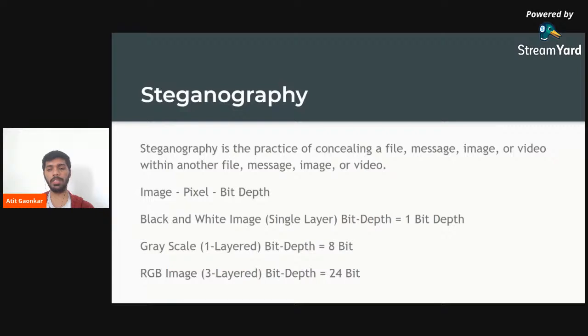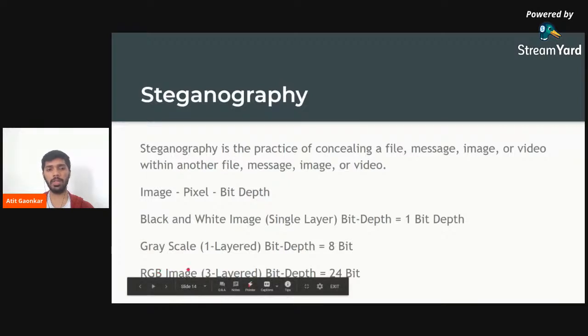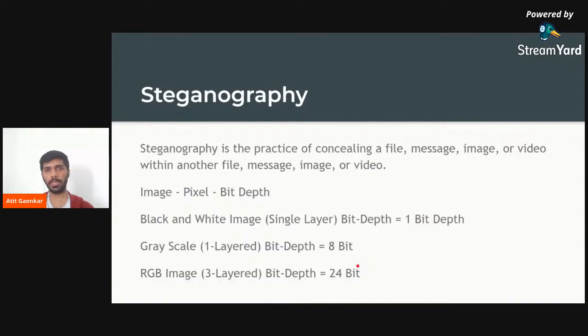It needs 8 bits to represent every pixel in that one layer. So for an RGB image, you need 24 bits to represent one pixel. And since you need 24 bits, you can form 2 to the power 24 colors in an RGB image.